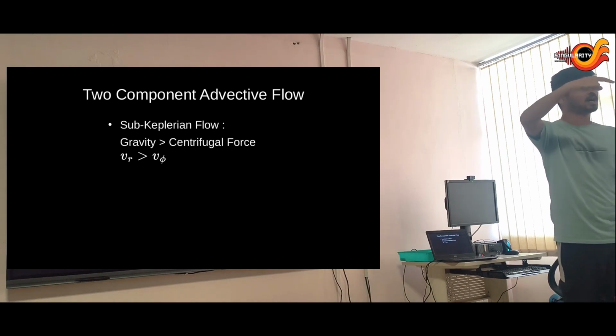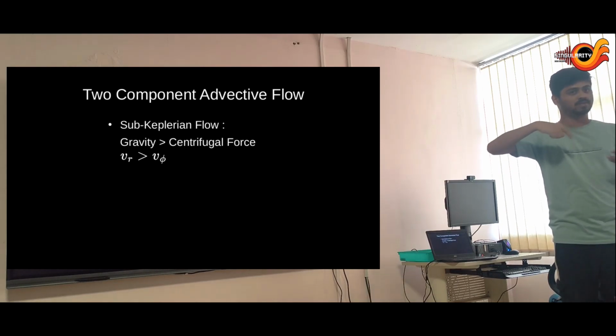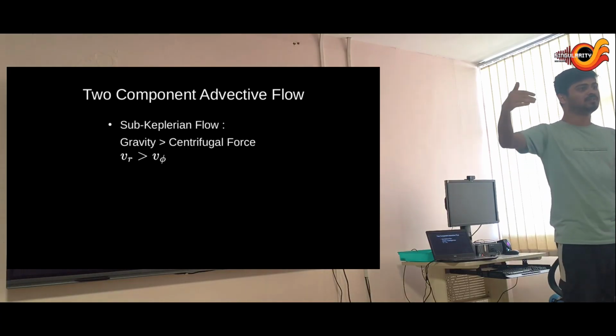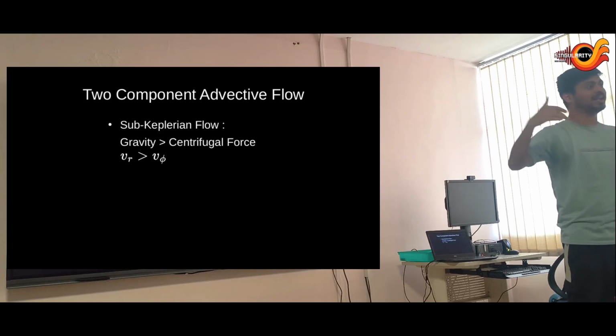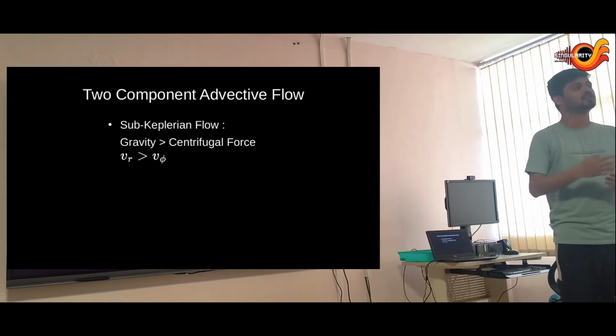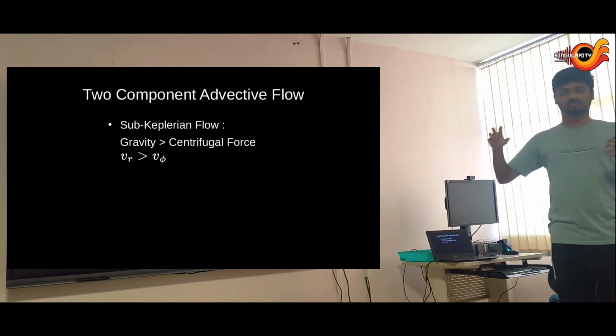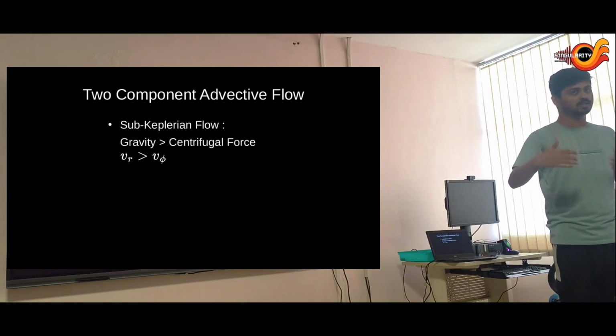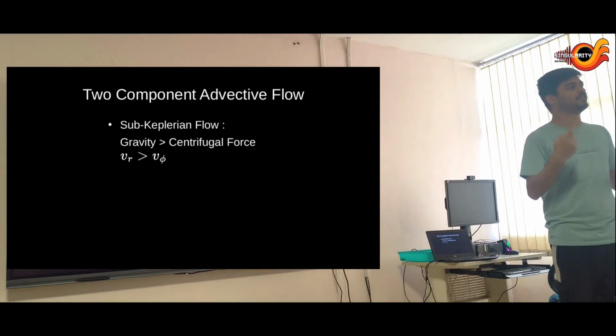In the r-theta plane, high theta velocity is the high angular momentum case. And when matter is coming directly radially inward, that means there is a high radial velocity. This is what we call in the literature sub-Keplerian flow, where the radial velocity is higher than the theta velocity.